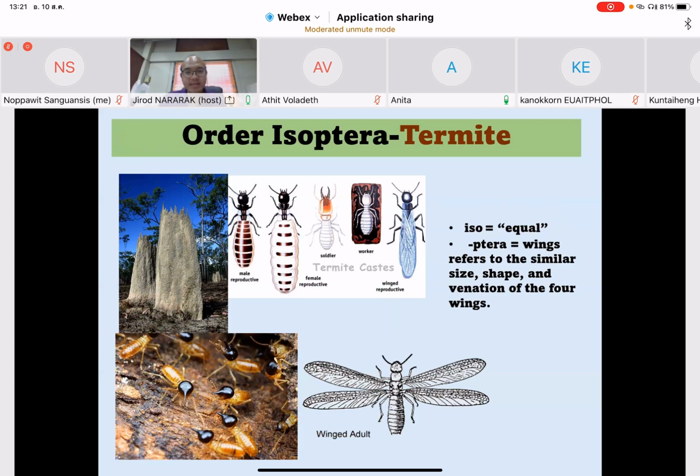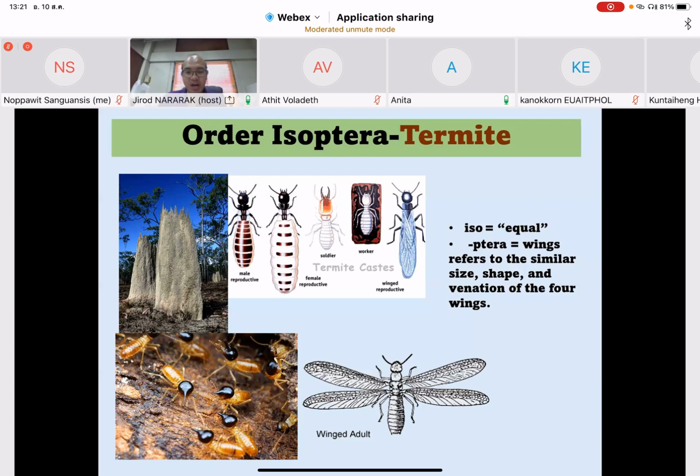The next one is the order Isoptera, or as we know by the common name, termites. Isoptera comes from "iso" and "ptera". Iso means equal, and ptera means wing. So it's like equal wing.